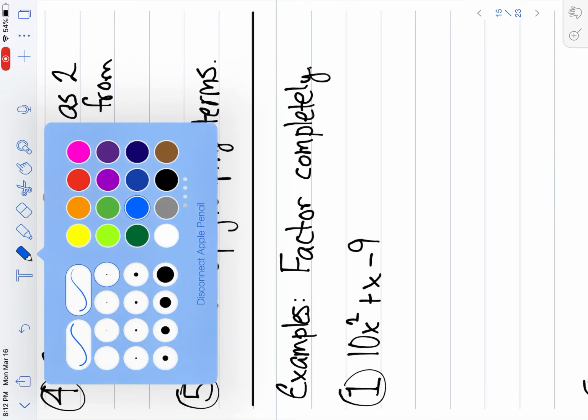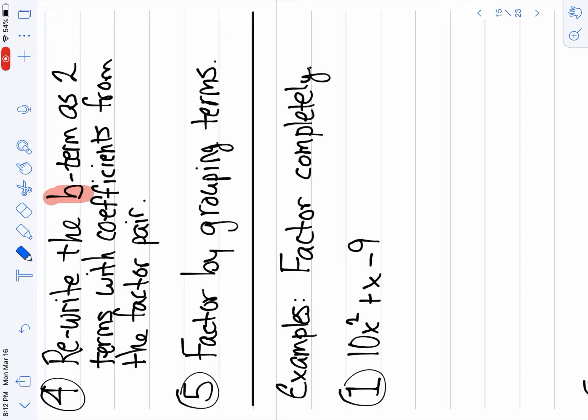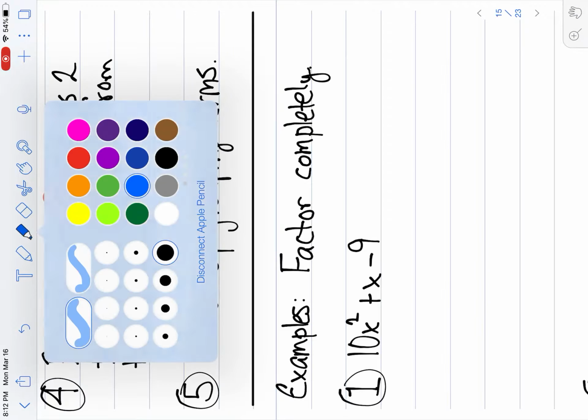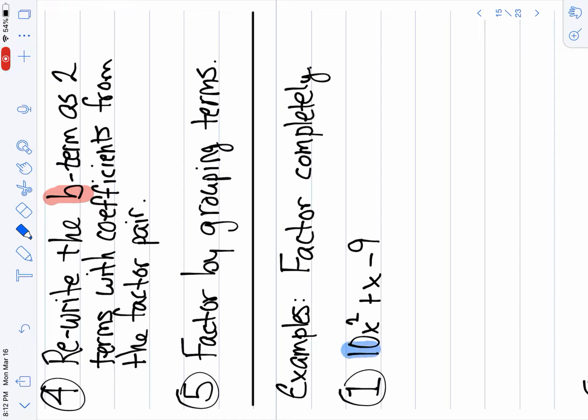So let's list our terms. Here's what we know. a is the leading coefficient, the number always in front of x squared, so a is 10. b is 1 this time because there's no number in front of the x, so b is 1. And then c is -9.